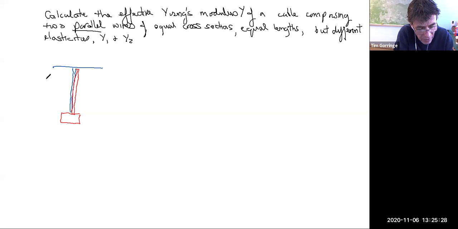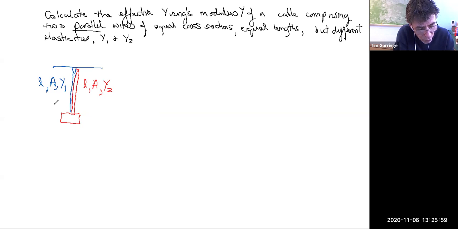Let's imagine that the length of the wire on the left is L. The cross-sectional area of the wire on the left is A. And the Young's modulus of the wire on the left is Y1. And then correspondingly, the length of the wire on the right is L, the cross-sectional area of the wire on the right is A, and its Young's modulus is Y2.